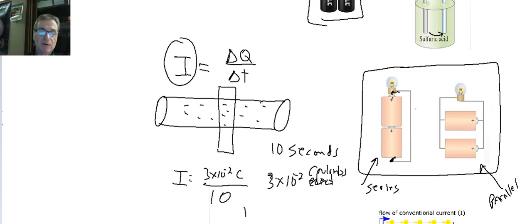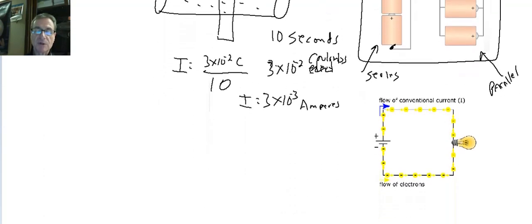And my current, therefore, would equal 3 times 10 to the minus 3 amperes. Okay? Current is measured in units of something called amperes, after a scientist from the 1700s and 1800s. Okay? So this is what current is.